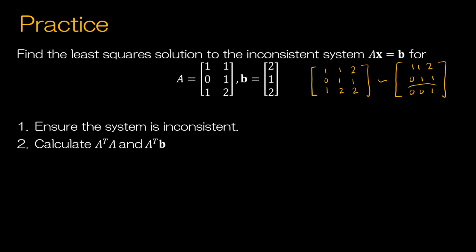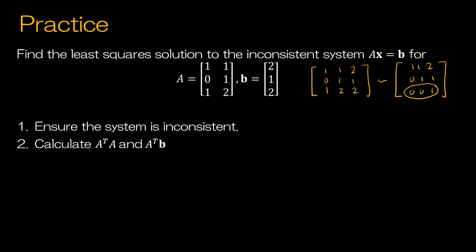This tells me it's inconsistent because it says 0x1 plus 0x2 is equal to 1, which is impossible. I didn't have to do that on this one, but I went ahead and showed you just in case you do have to check for inconsistency.